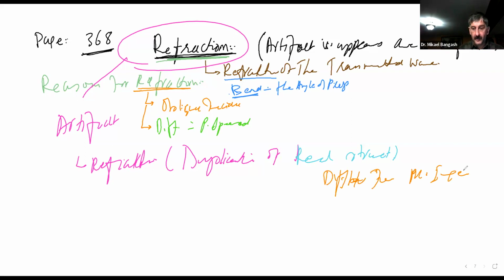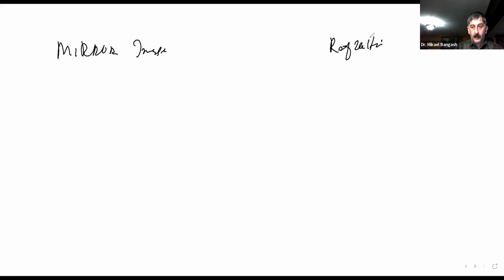So to look at that, let's first look at what a mirror image looks like, and likewise, what a refraction would look like.